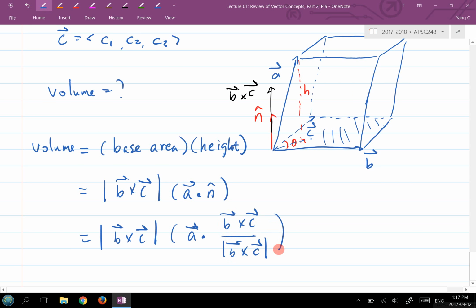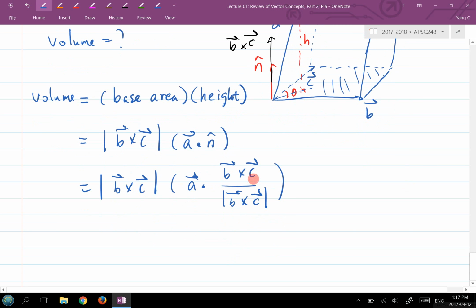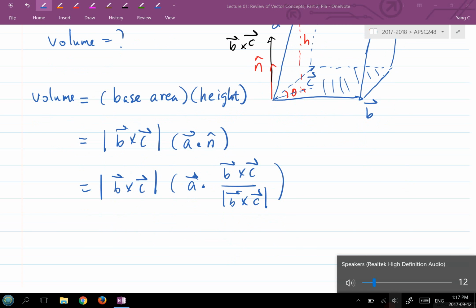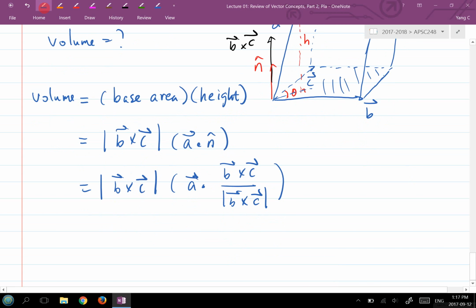So it's very logical, with each step connecting. It's not just a random layout of expressions here. Now I can make some simplifications. Apparently I can cancel this with this.